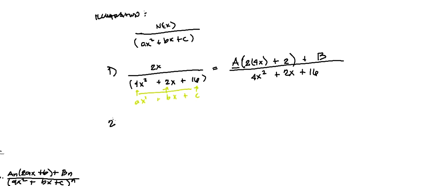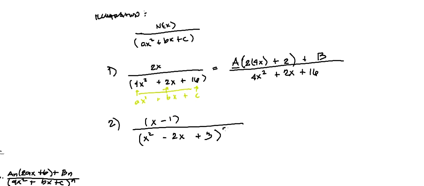Say we have (x minus 1) all over (x squared minus 2x plus 3), this being cubed, raised to 3.